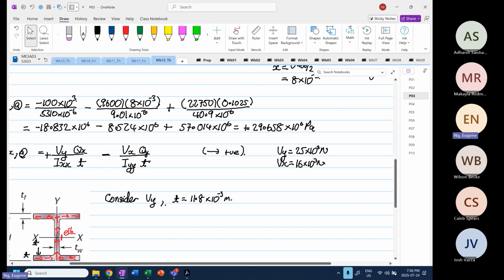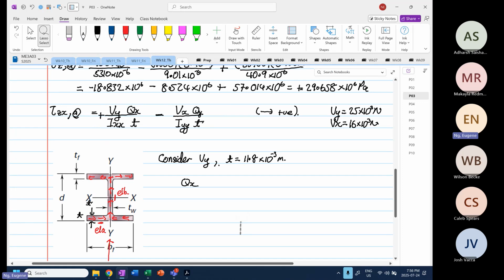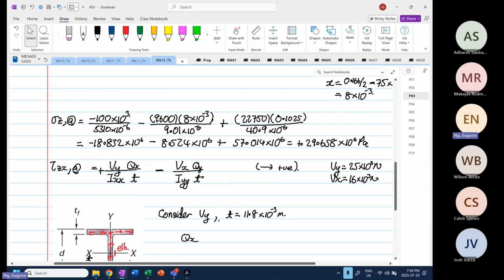So we do know Vy. The next thing again is we're going to calculate Qx. To calculate Qx, we have to determine up to this point down here for element A. So it is this area that we're going to consider, that distance over there.